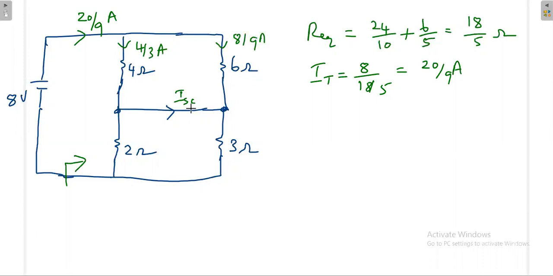Again, now also at this point you have to apply the current division, because the same can be considered like this. That means these two currents are coming, then they will join. Then you'll have the total current, and again this will be distributed. Once you redistribute that, here also 4 by 3 ampere is coming. Here 8 by 9 ampere is coming.